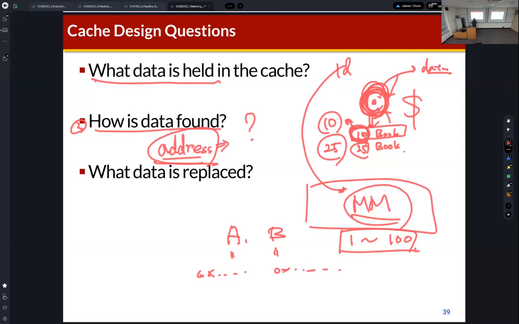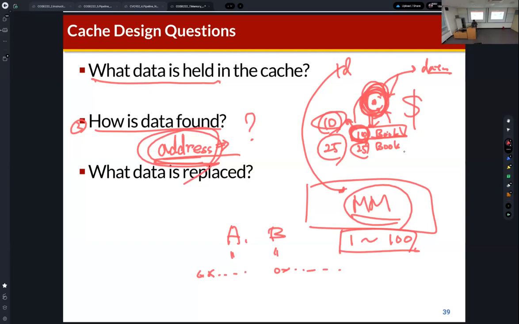So when the data is stored in the cache, we need to store the address of the data alongside the stored data, like the book number, in order to identify which data is in the cache.